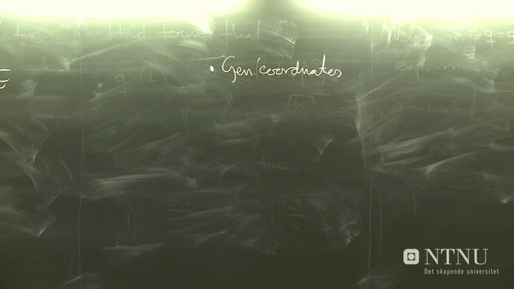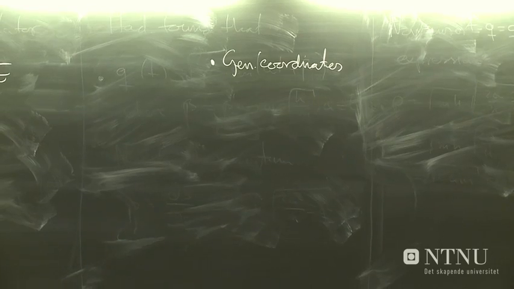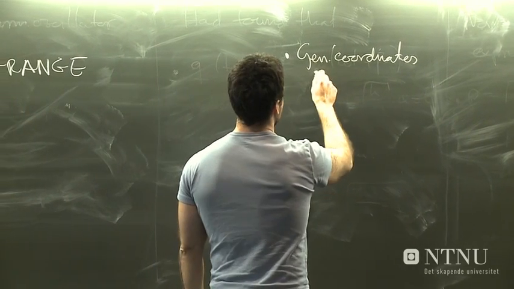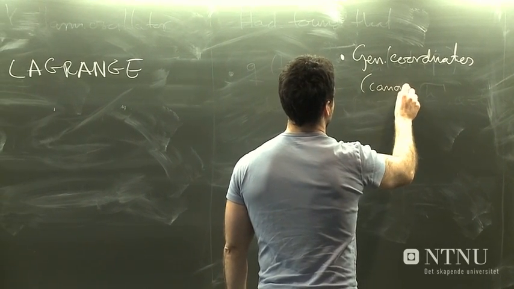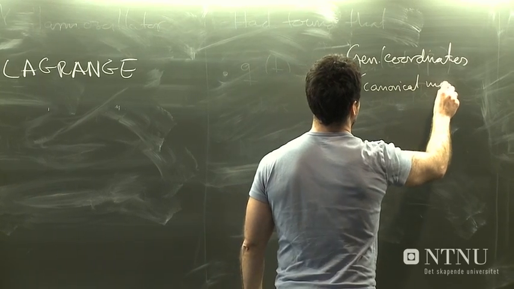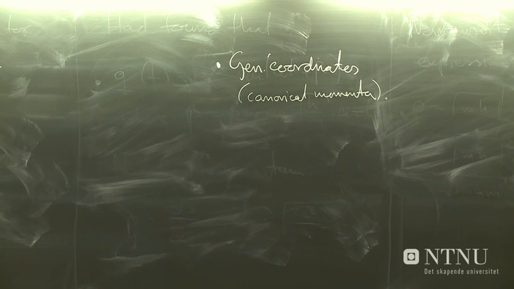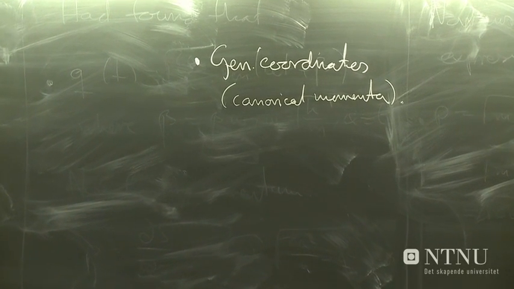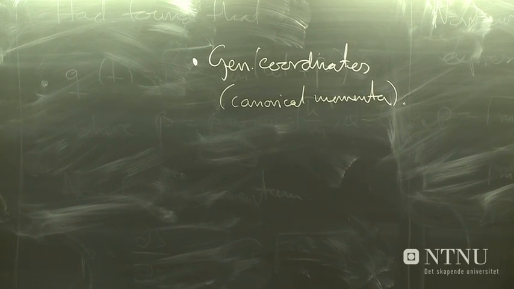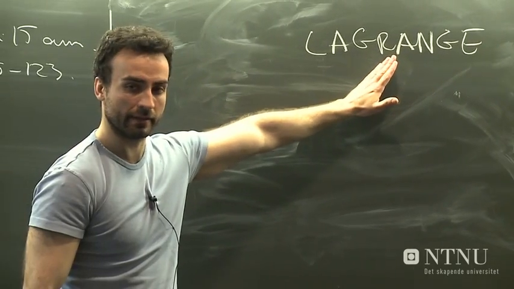So we need a set of what is known as generalized coordinates. And in the Hamiltonian formalism, we also need these canonical momenta, which may be obtained in this Lagrangian formalism as well.